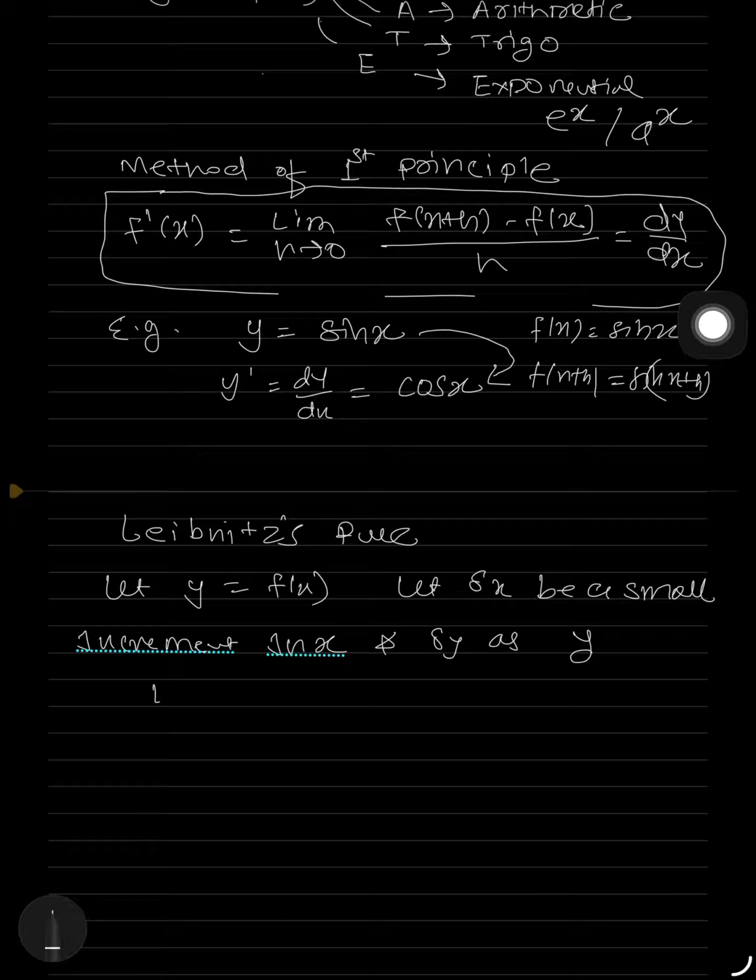Then we can say that the limit as del x tends to 0 of del y by del x is equal to dy by dx.